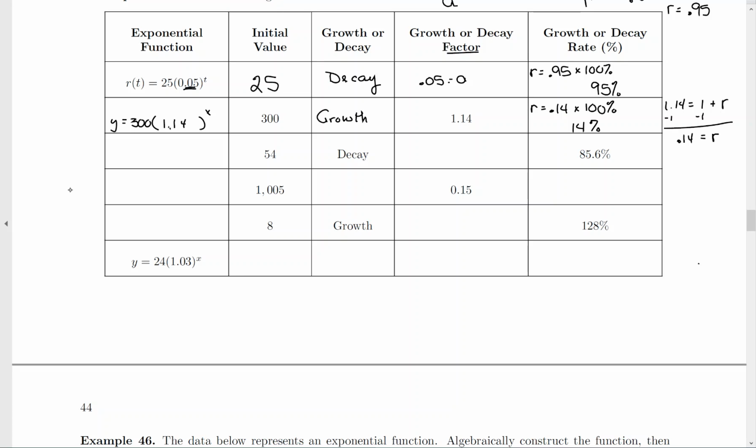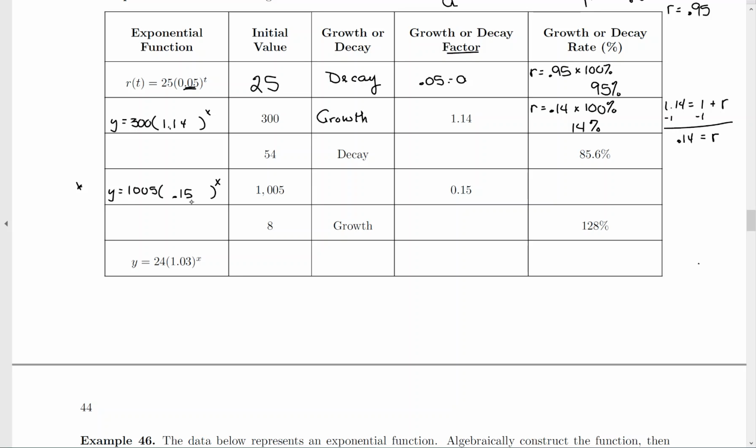All right, let's take a look at this one next. So the initial value is 1,005. And then figure out my A, which they tell me, 0.15.